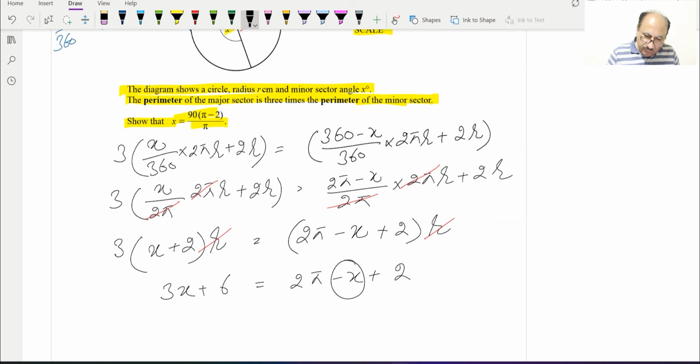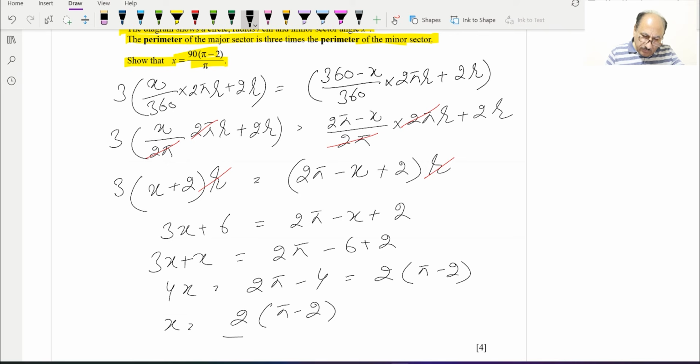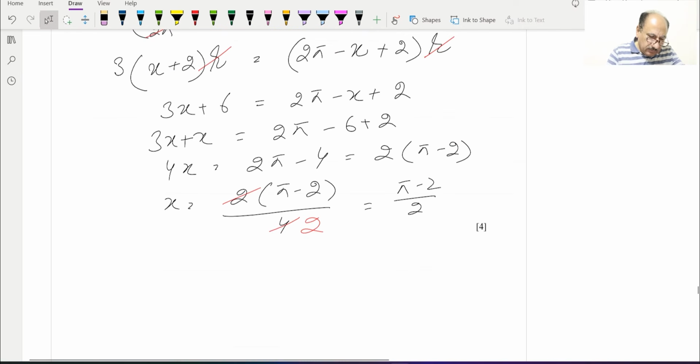This minus x we can shift to the other side, so it will be 3x plus x, and plus 6 we can shift to the other side, so it will be 2 pi minus 6 plus 2, and further we can rewrite it as 4x is equal to 2 pi minus 4, and we can take 2 common, so pi minus 2, and x will be equal to 2 times pi minus 2 divided by 4, and again we can cancel, 2 twos are 4, and this will be equal to pi minus 2 over 2.